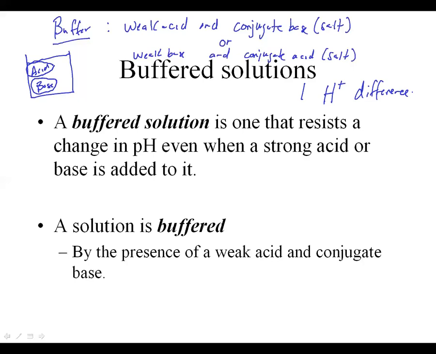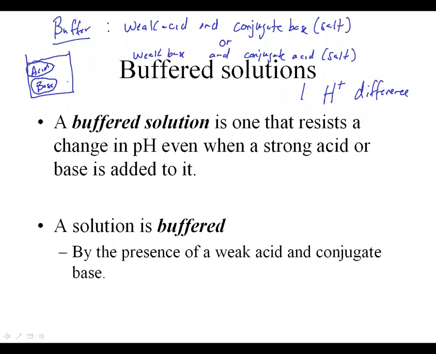And it does have to be a weak acid involved or a weak base. You cannot have a buffer that has a strong acid or a strong base. That is because a weak acid or a weak base is a weak electrolyte, which means that when you have something like acetic acid, a weak electrolyte, when it goes into solution, it will break apart into H plus and acetate.